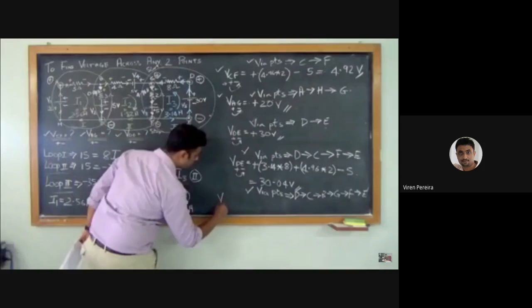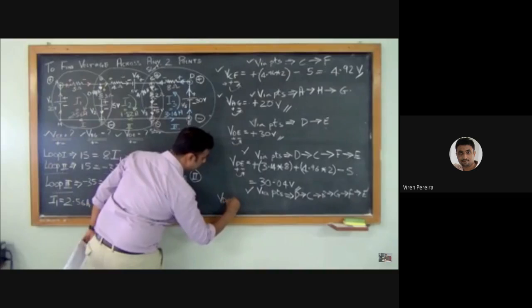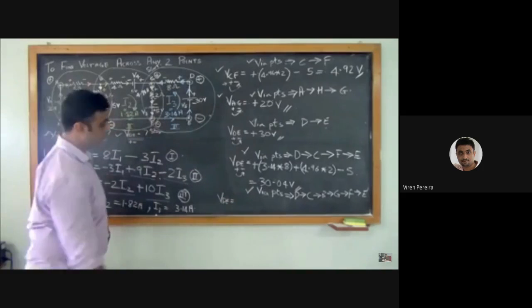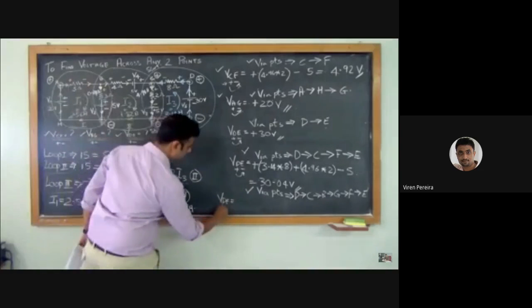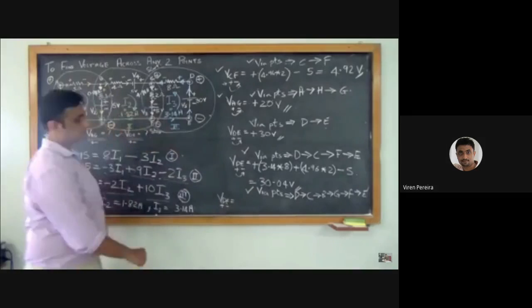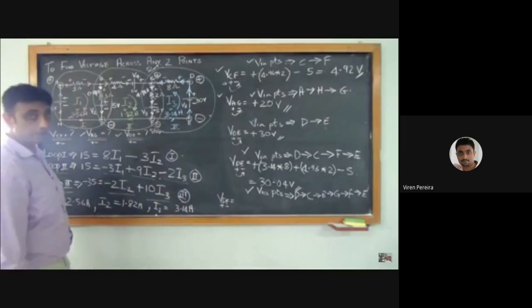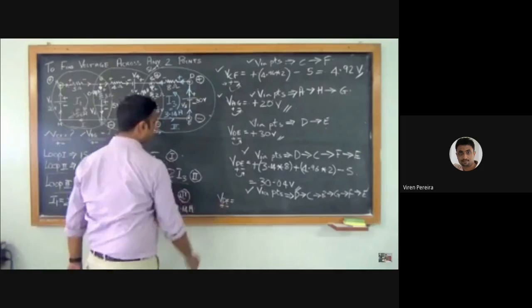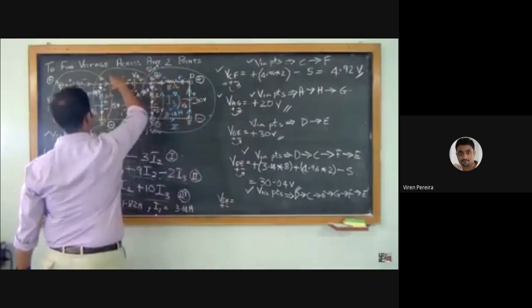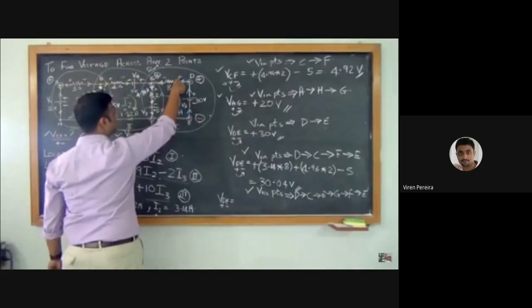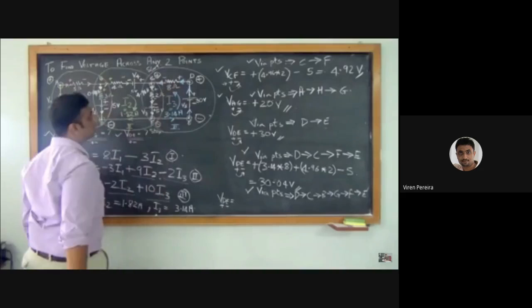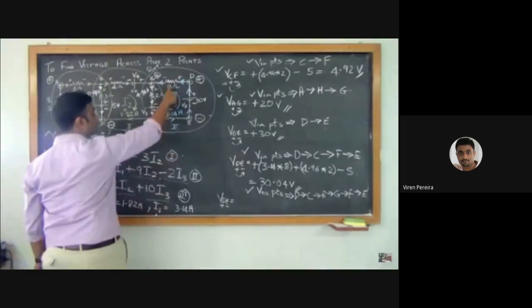So now my VDE will be equal to, obviously, positive terminal of the multimeter is connected to D and the negative terminal is connected to E. Taking this long loop, the first terminal it comes across is your 8 ohms.